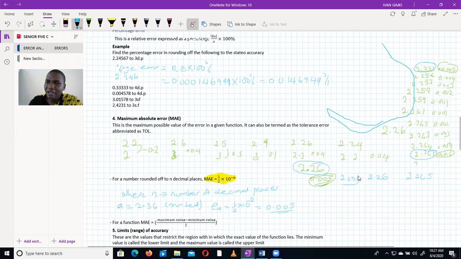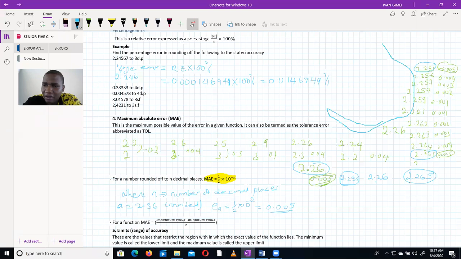This is what we call the lower limit of the exact value, and this is the upper limit of the exact value. Are we together? Or have I used very many words and some of you are lost? Can I have some responses before we proceed?